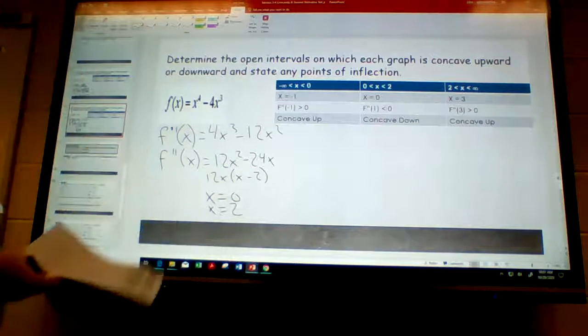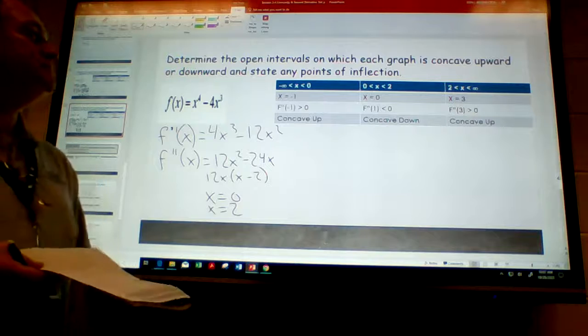You do the same thing here, and you can see the results.